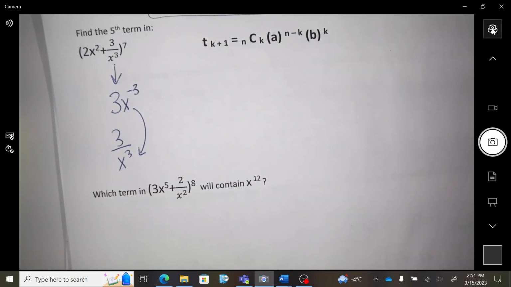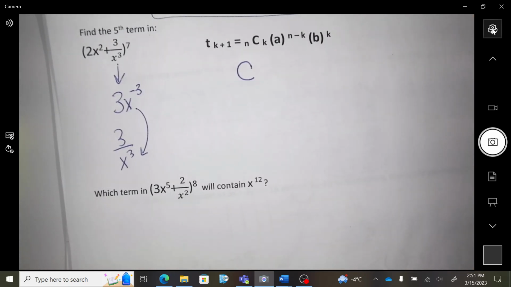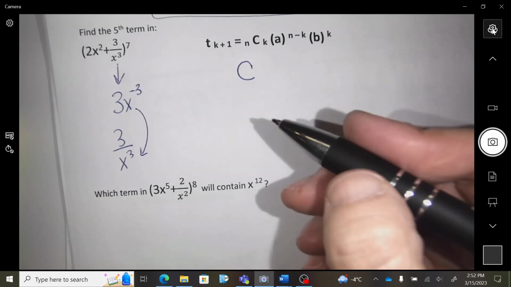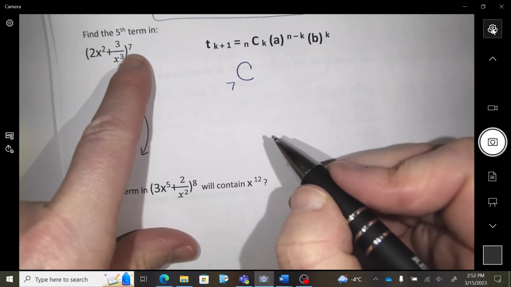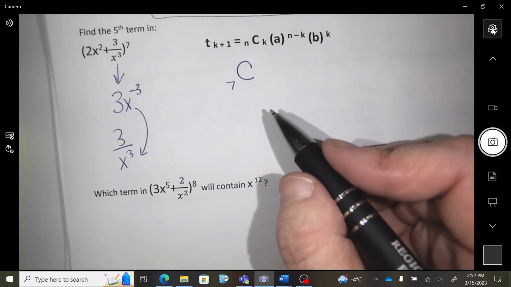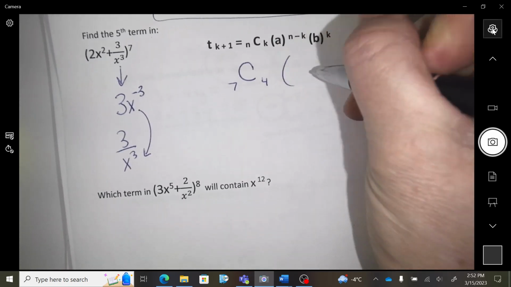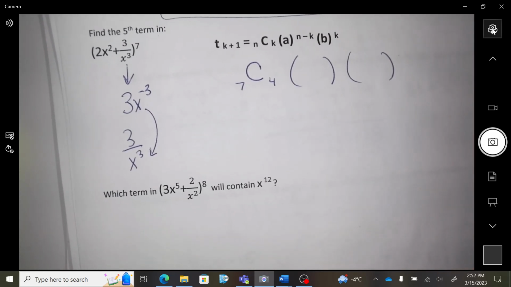Okay, so choose. What's the exponent number we start with? 7 is the exponent. And if we're going to choose the 5th term, what's your choosing number now? 4. You give yourself 2 brackets.